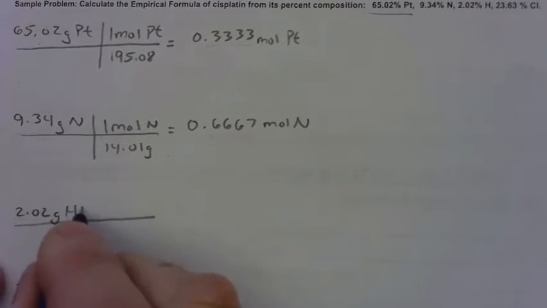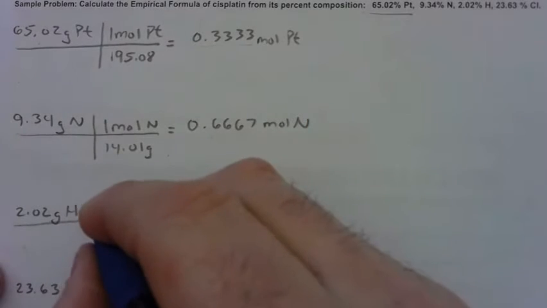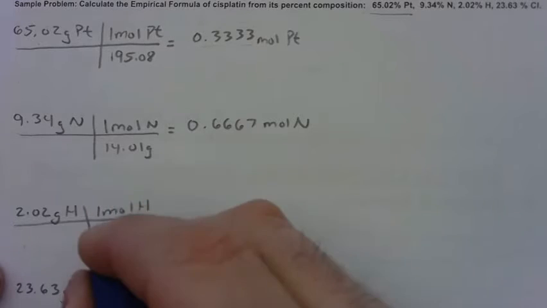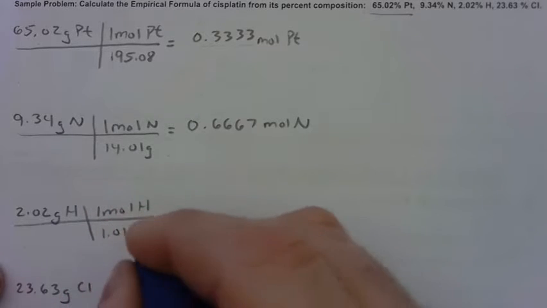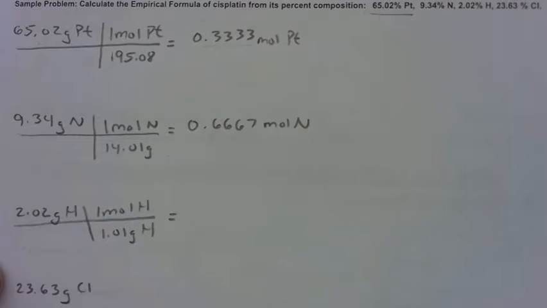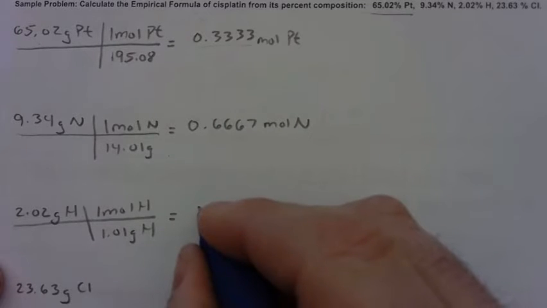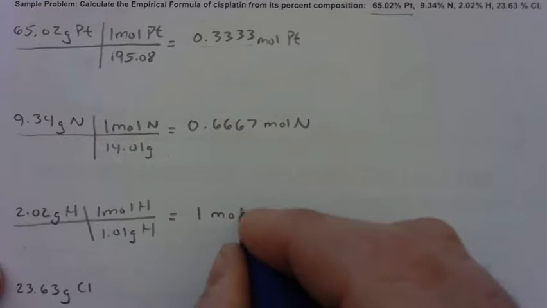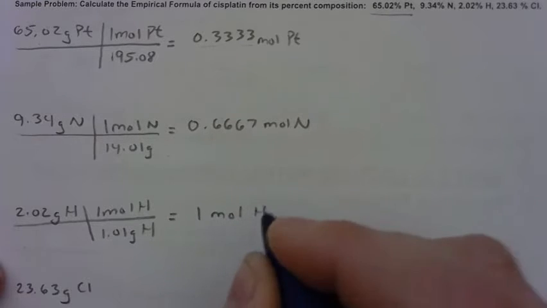I do the same thing for hydrogen. That's 1 mole of H for every 1.01 grams of H, and I end up getting basically 1 mole of hydrogen.